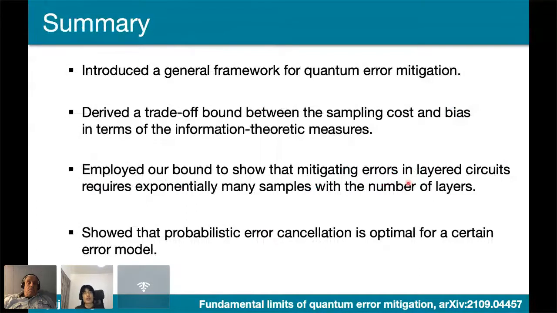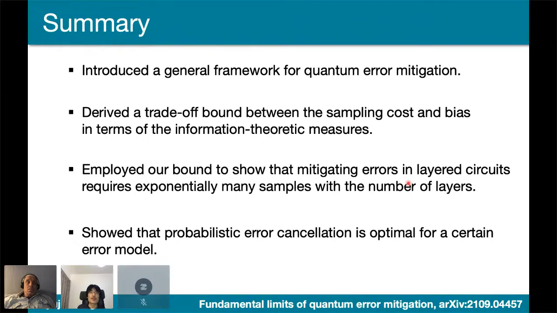Yeah, so this was pretty much it, and let me quickly summarize. In this work, we introduced a general framework for quantum error mitigation, so that we can talk about the performance in a unified way. We derived a trade-off bound between the sampling cost and the bias in terms of information theoretic measures, particularly using the trace distance and local distinguishability measures, and connected the degradation of that distinguishability to the sampling cost.